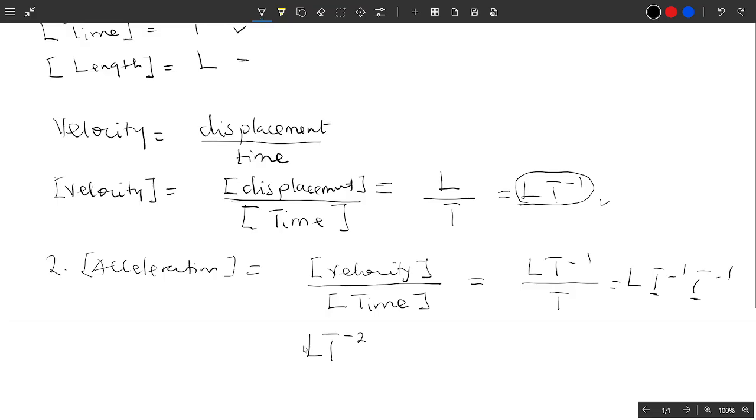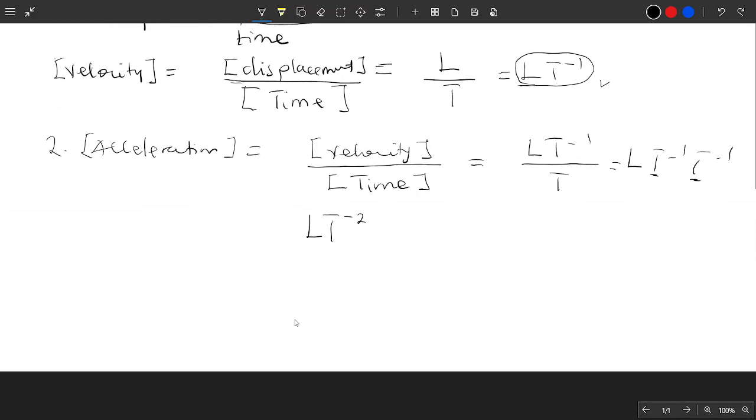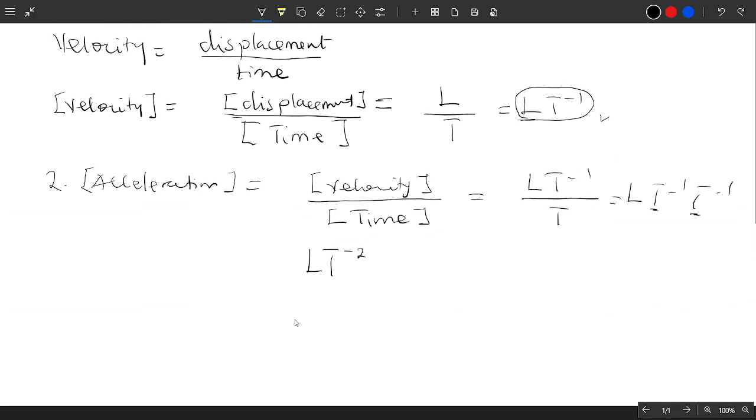Good. Now let's try another example. Third one. What about the dimension of force? Now we know that force is given by what? Mass times acceleration.